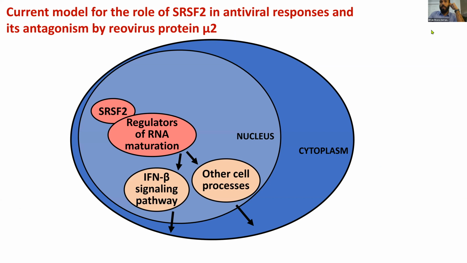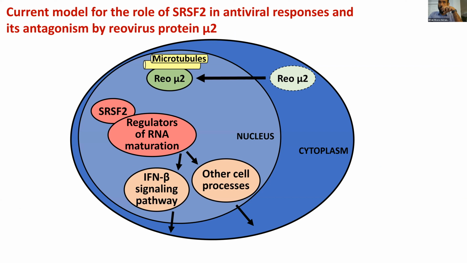This is our normal cell. You have this factor that I told you about here in those dots in the nucleus that is important for maturating our own RNAs in our cells. When you have a viral infection, this Mu2 protein goes into the nucleus and displaces SRSF2 and creates those squiggly lines that you saw in the microscopy. So it is affecting its function.